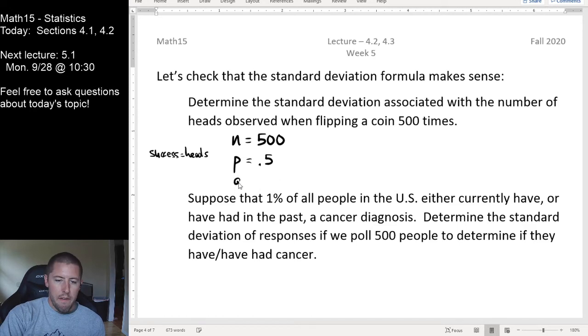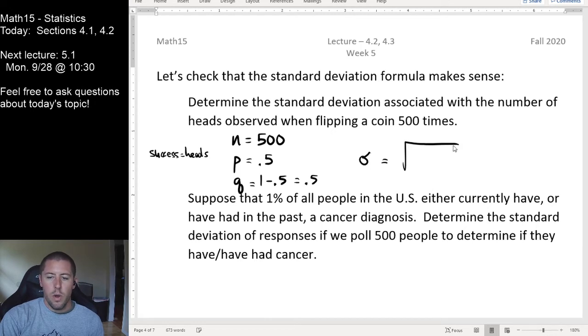The probability of a failure, getting tails, should always be 1 minus the probability of success. And obviously we all know there's an equally likely chance of getting heads and tails. So we could compute our standard deviation as the square root of 500 times 0.5 times 0.5.